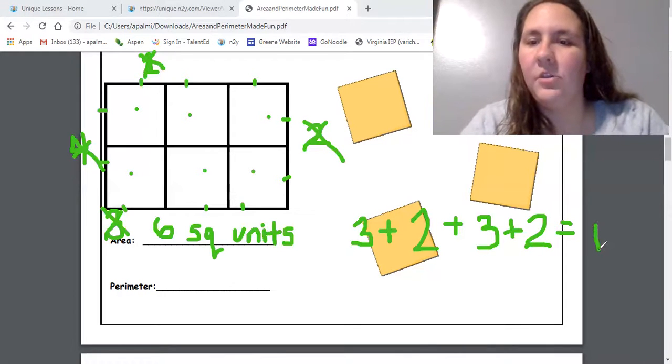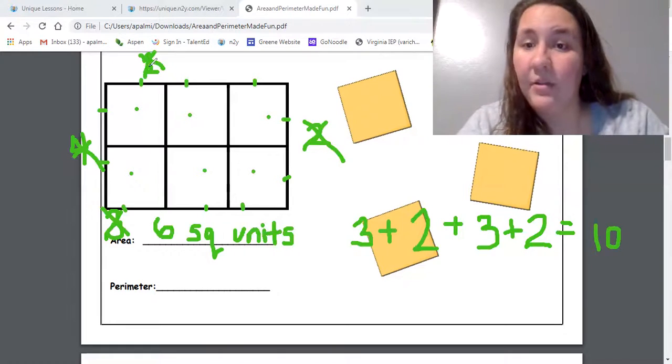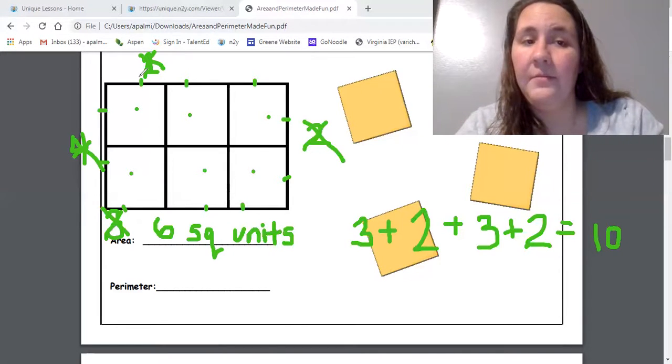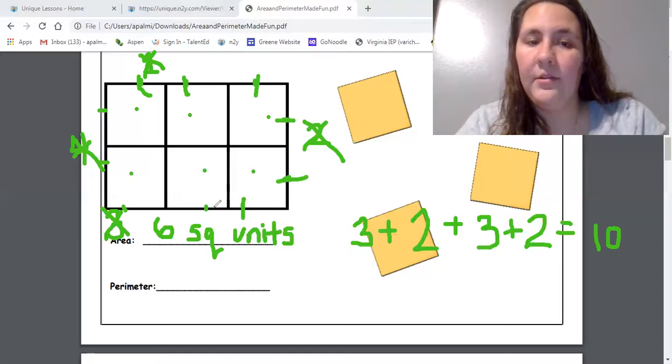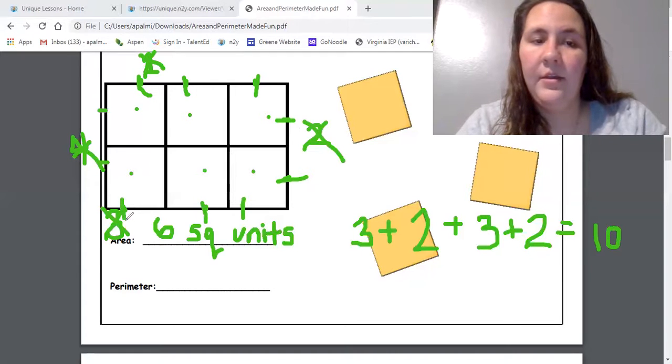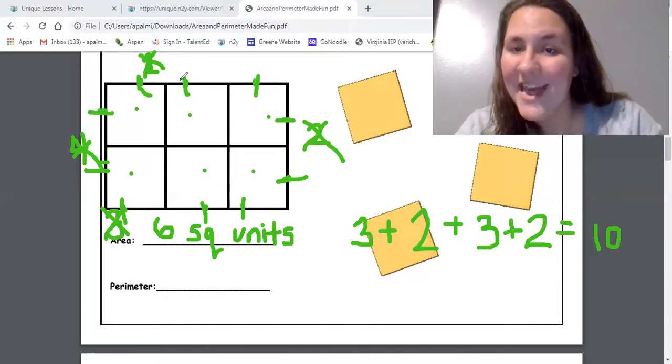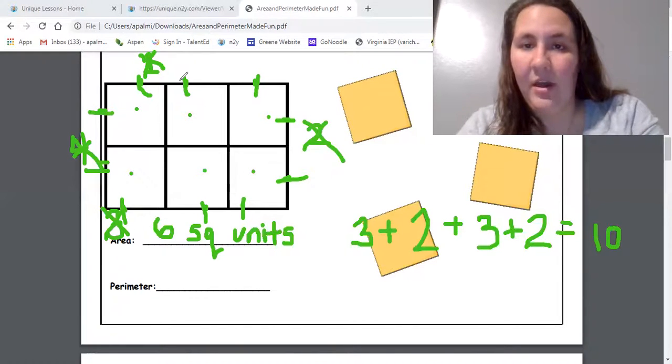But I want to check just to make sure if I got that when I count around. So let's count around together. Ready? 1, 2, 3, 4, 5, 6, 7, 8, 9, and 10. Yeah, I got 10. Awesome job.